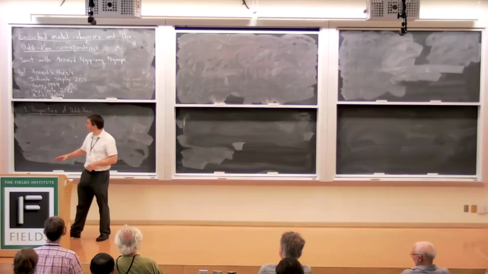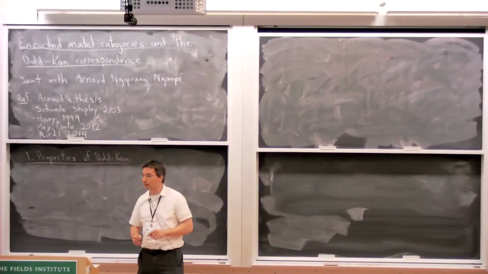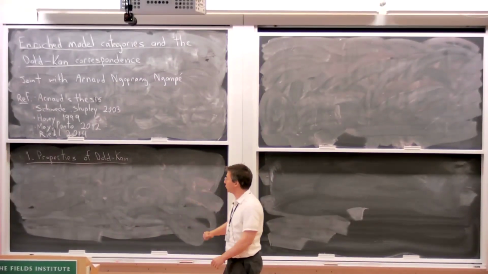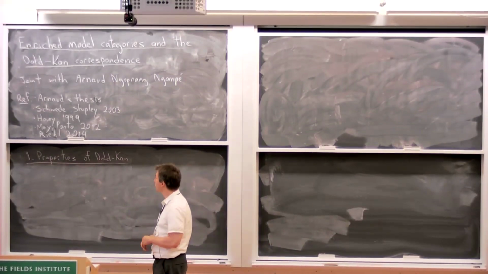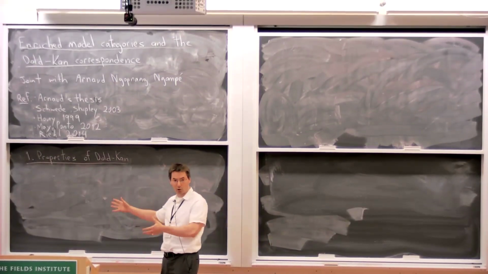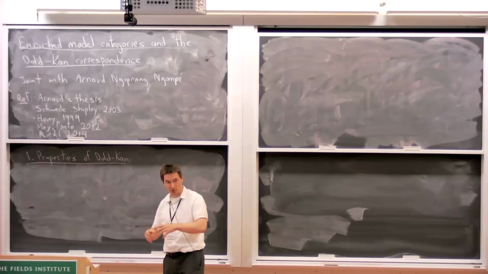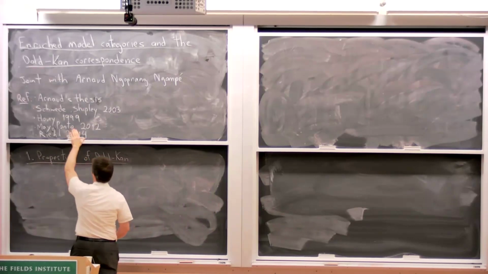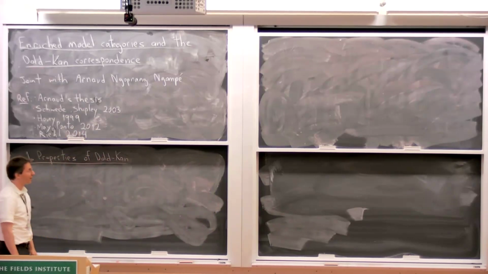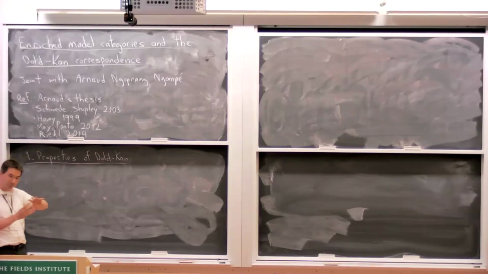The project I want to present today is in a different part of homotopy theory. It's all joint with Arnaud Gopnan-Gompé, who is my PhD student. In fact, this is part of his doctoral work that we're writing up as a joint paper. If you're curious to hear more details, you can look them up in his thesis, which is on my website. The preprint is not yet available.